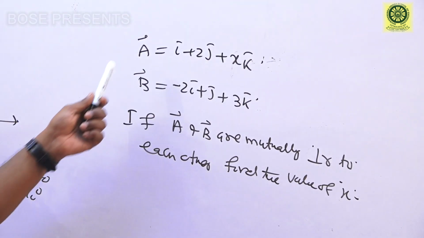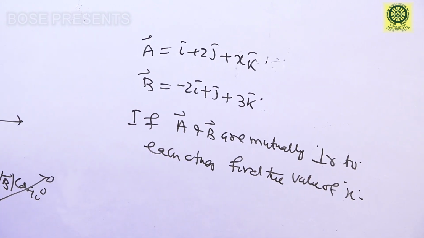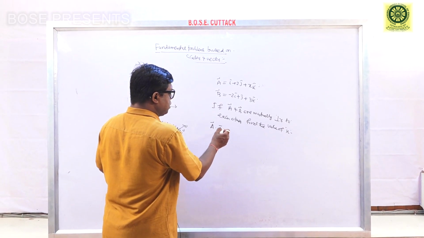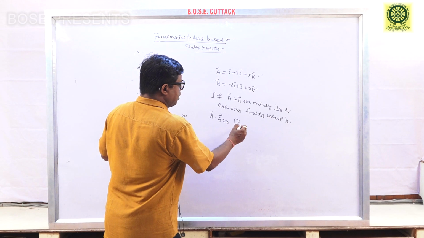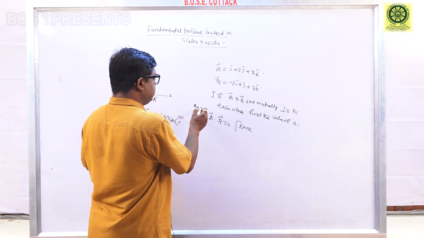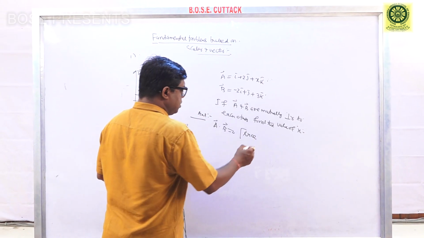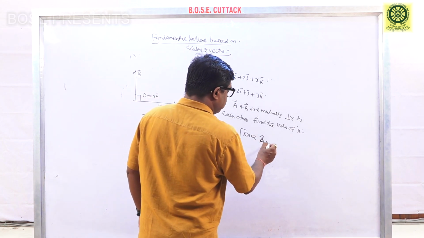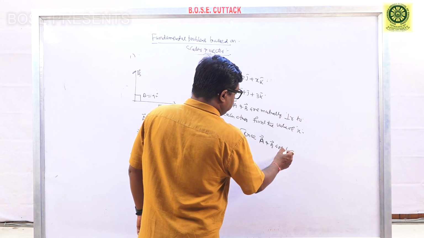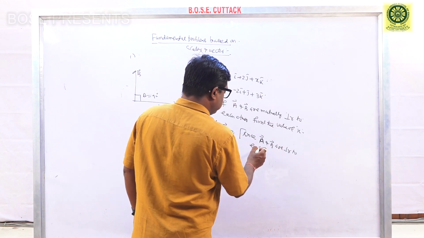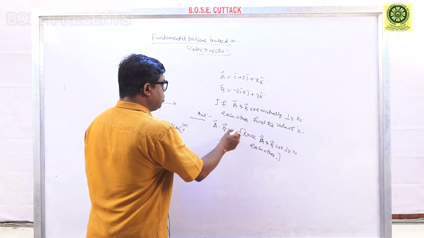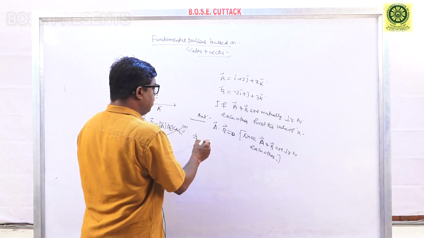Since the two vectors A and B are mutually perpendicular to each other, their dot product is 0. So A dot B is equal to 0. Then what is the value of A dot B?